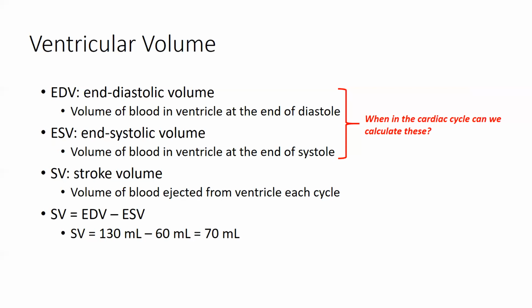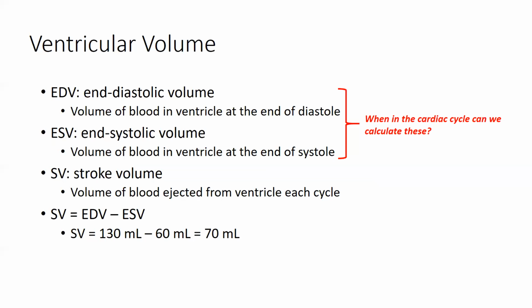Right, phase 4. Phase 4 is when we've closed the semilunar valves, we're done ejecting, we're done squeezing blood out. And so what's left back in that chamber is what we want to measure. What is left over after systole, after the ejection phase? So phase 2 will give us EDV, phase 4 will give us ESV.